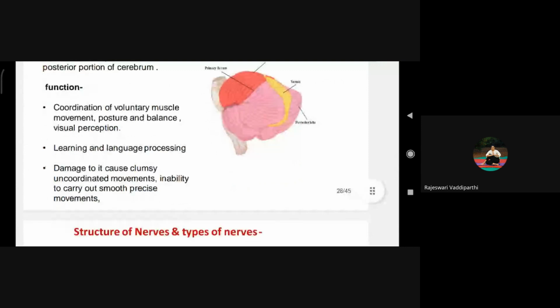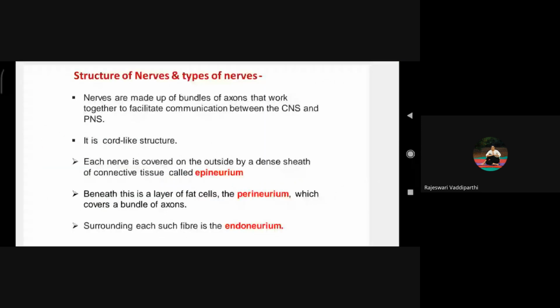Now, structure of nerves and types of nerves. Nerves are made up of bundle of axons that work together to facilitate communication between central nervous system and peripheral nervous system. I have already explained yesterday what are called ganglion and what are called nerves.